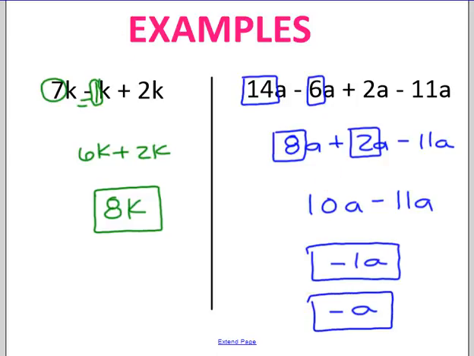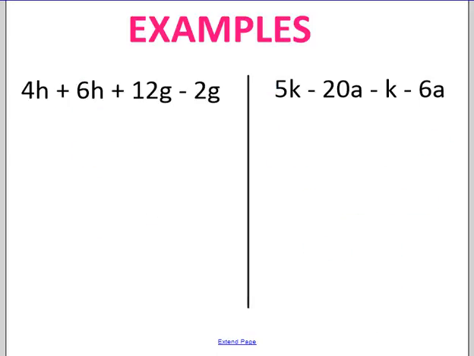All right, next one. I have h to the first power, h to the first power, g to the first power, and g to the first power. So I have different sets of like terms here. So I need to watch what I'm combining, okay? Now, let's take care of the h's first here.